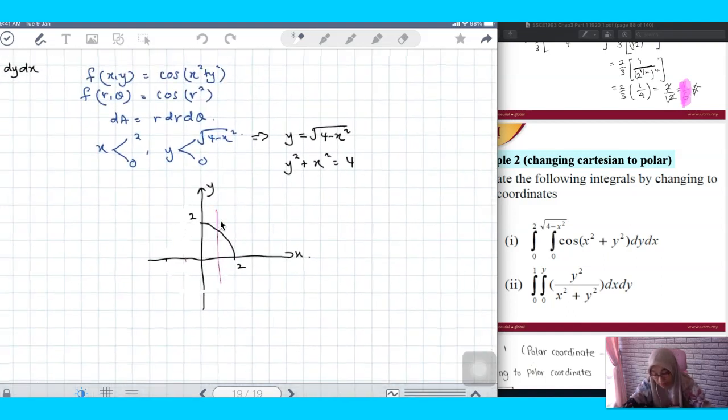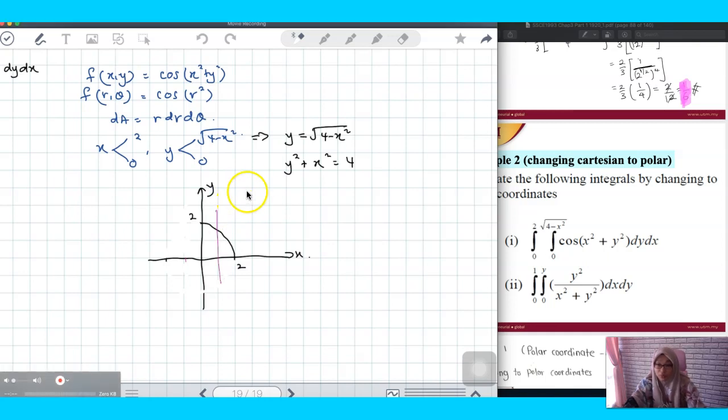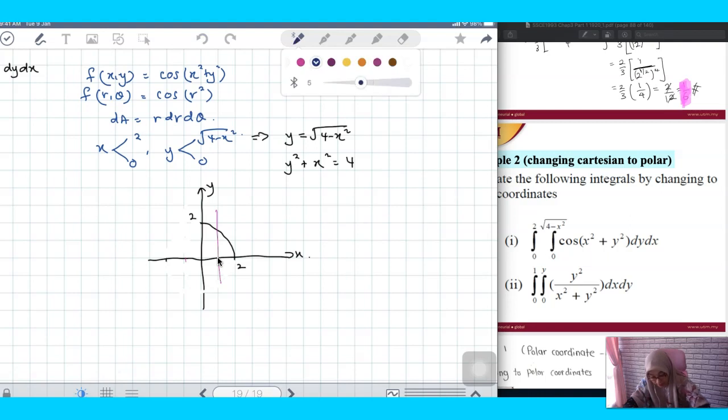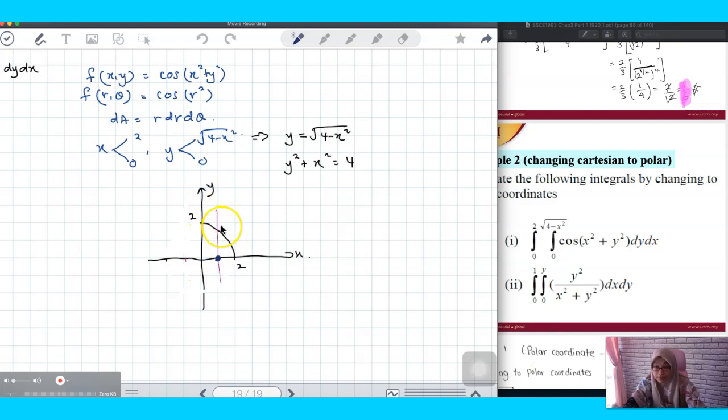But now we have to double check what is the region that we need to shade. So now you have a vertical line. This vertical line is telling you that x is between 0 and 2, and your lower bound of y is 0, which is this one, and your upper bound is the part of the circle.